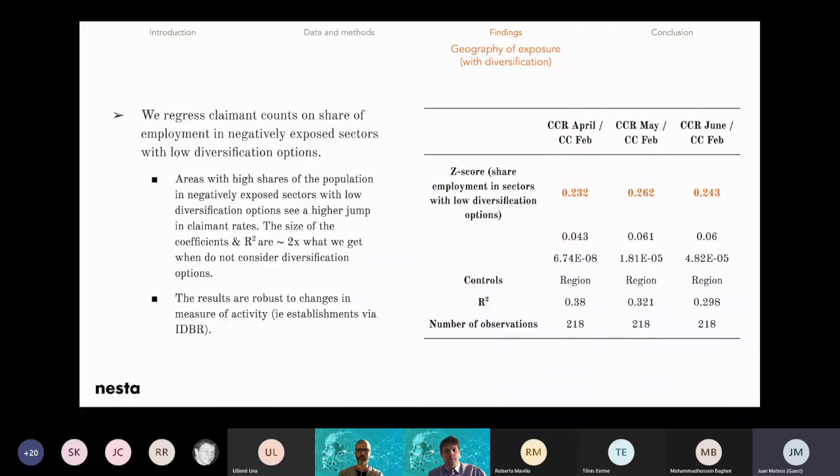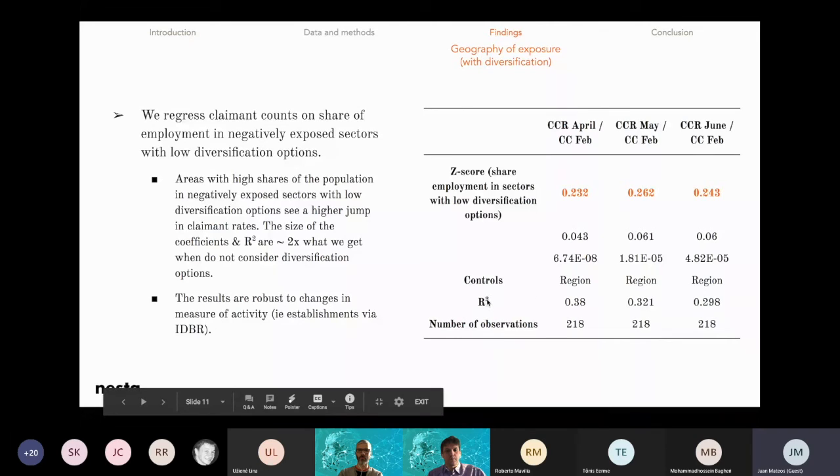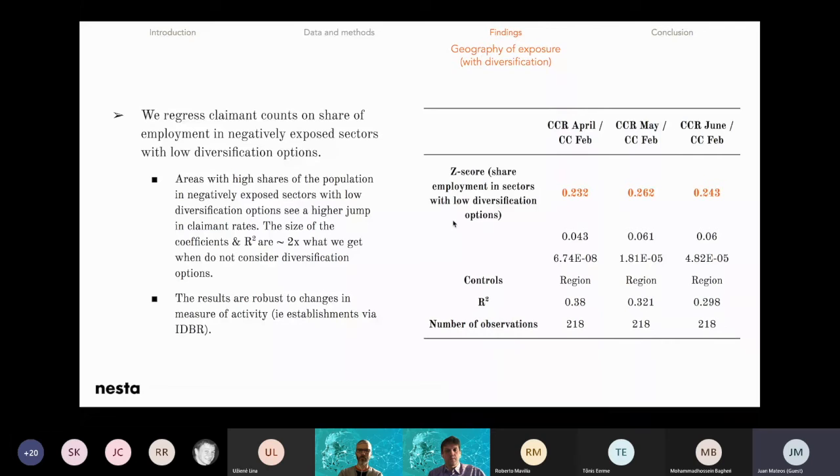And this is after we control for other things. In the regression we run, we're using this kind of variable to explain the link between exposure to COVID and impact on employment. The R2, the goodness of fit, is much higher than when you consider simply exposure without taking into account diversification opportunities.